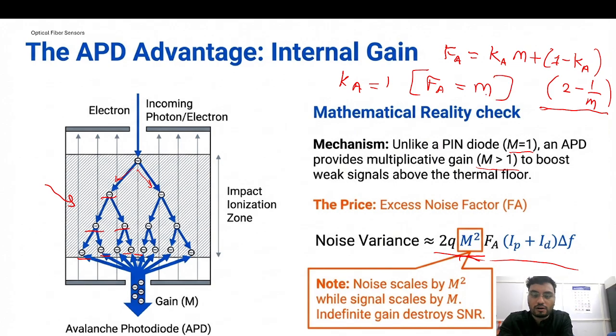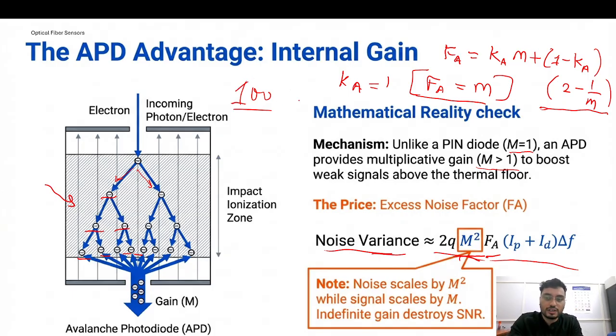So the noise variance is directly proportional to Fa, and if Fa is equal to m, then if you are giving thousands of gain, the noise variance will also increase that much.